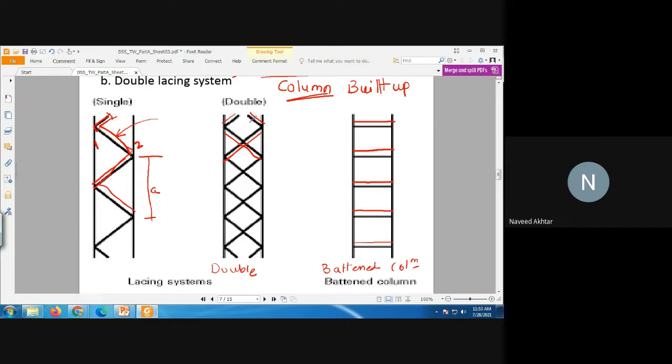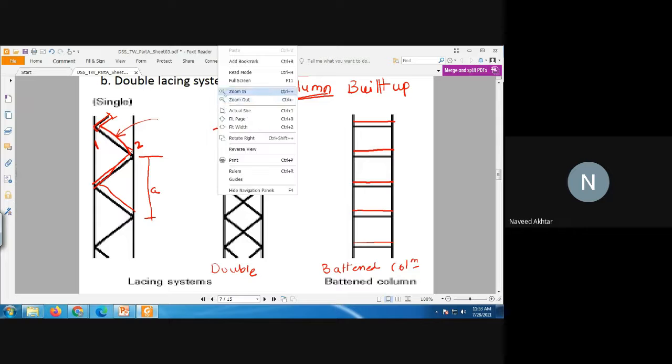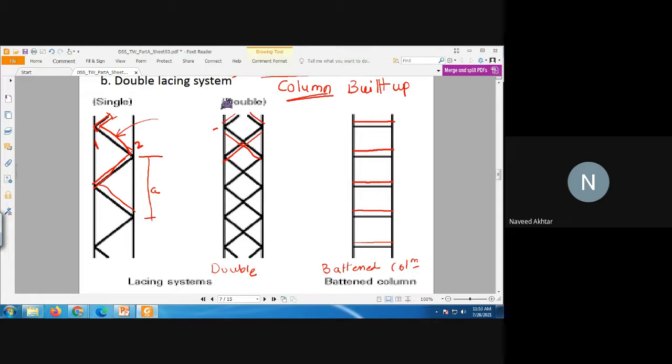And if two bars are crossing at the same place, you can see here, this is called a double lacing system.